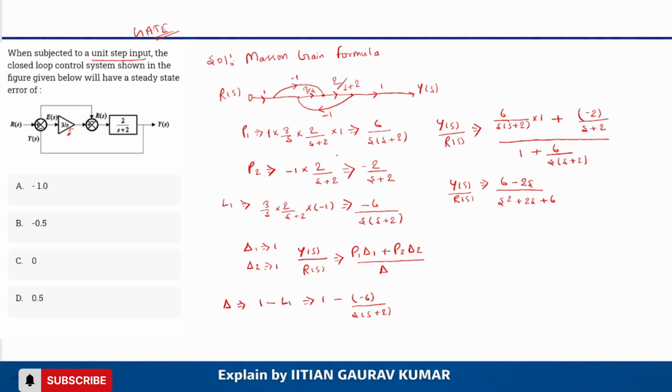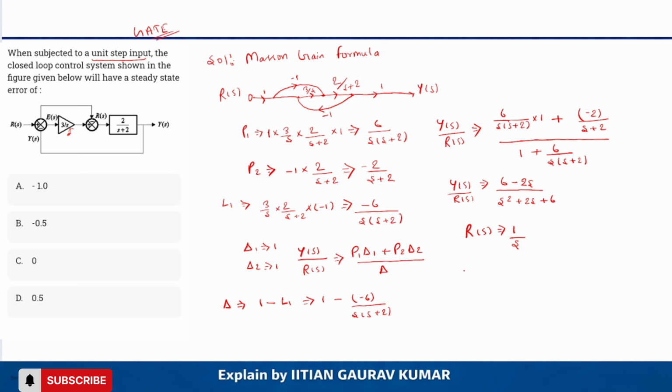Now the question asks for the steady state value of error. Given that R of s is equal to 1 by s, which is the Laplace transform of a unit step input.